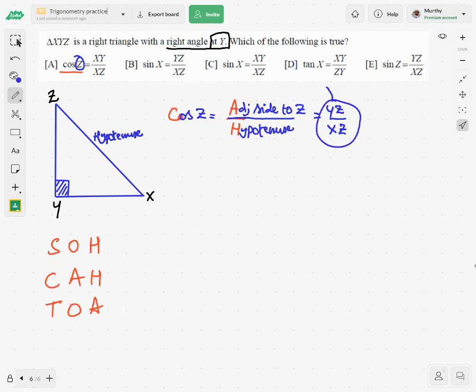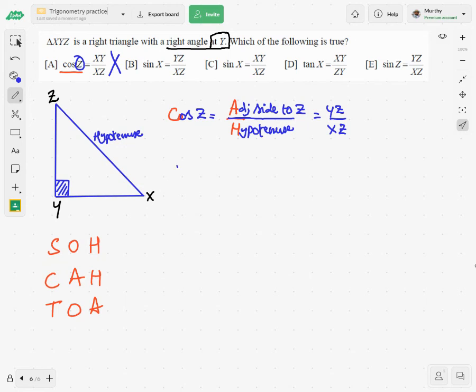Now, is this matching with the given option? No, it is not matching. Therefore, this is not the right answer, so I have to take the next one.